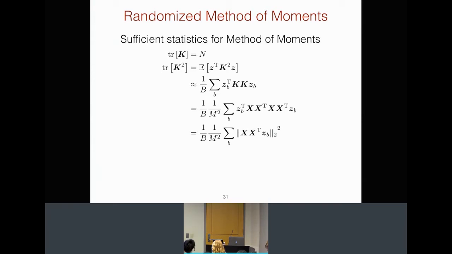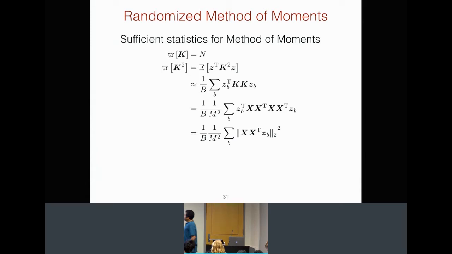The trace of K squared can be approximated by taking z, a random vector with mean zero and covariance identity, and computing z transpose K squared z. You do that B times and average. That's an unbiased estimator of the trace of this matrix. The trace of K is known to us because the genotype is standardized.